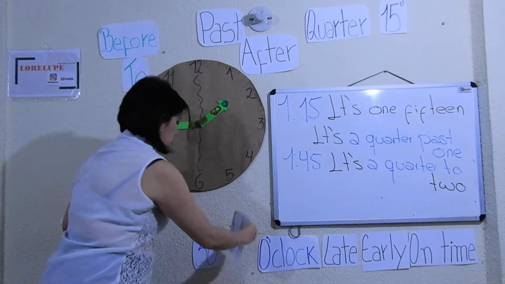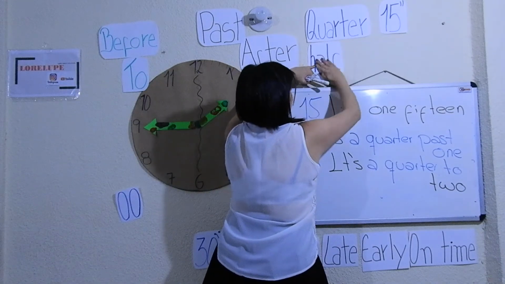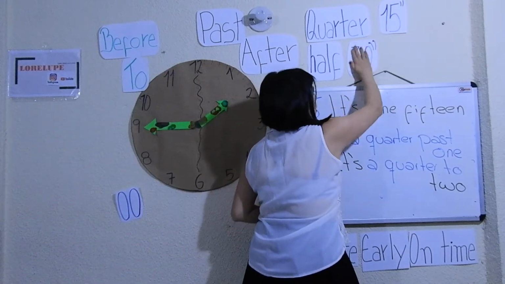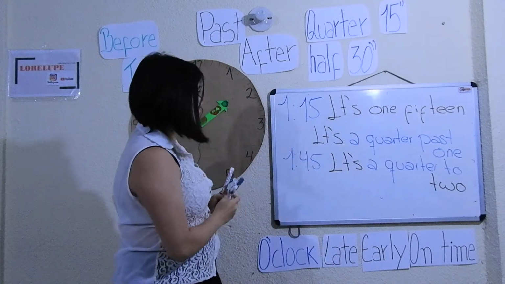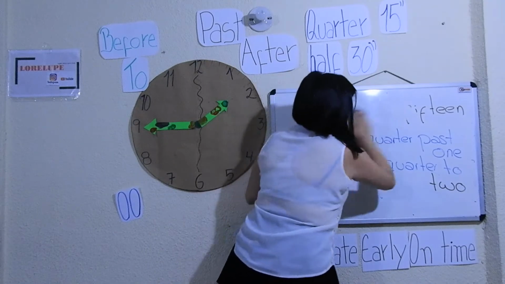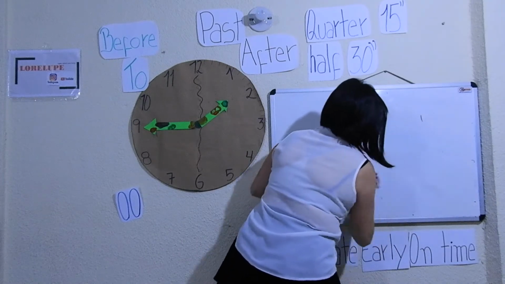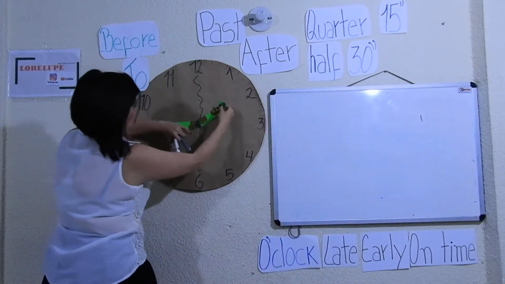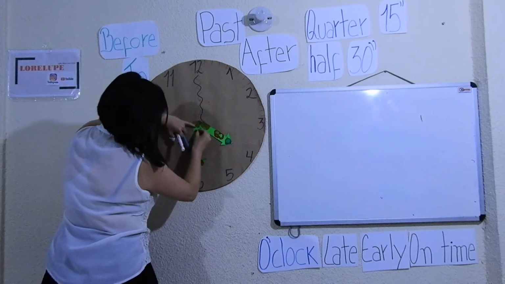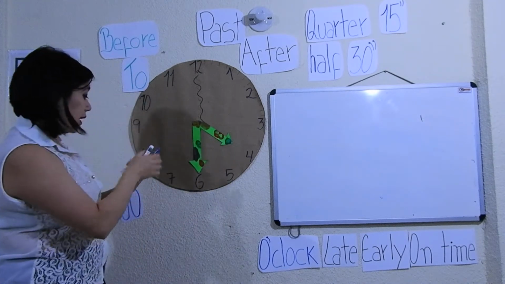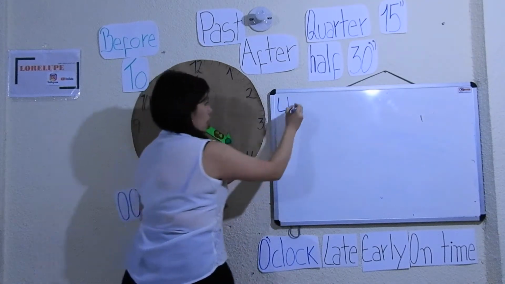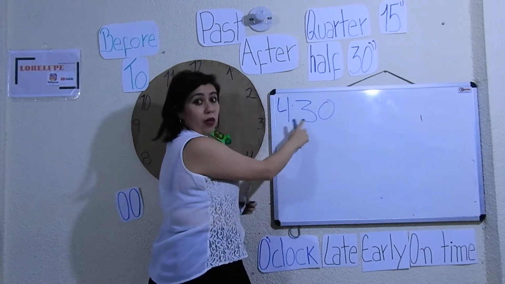Another one. We have the word half. When we say half, we refer to 30 minutes. 30 minutes. So, that's another example. So, 30 minutes. Half is 30 minutes. We are going to use, okay. In that case, you could say that it is 4:30.